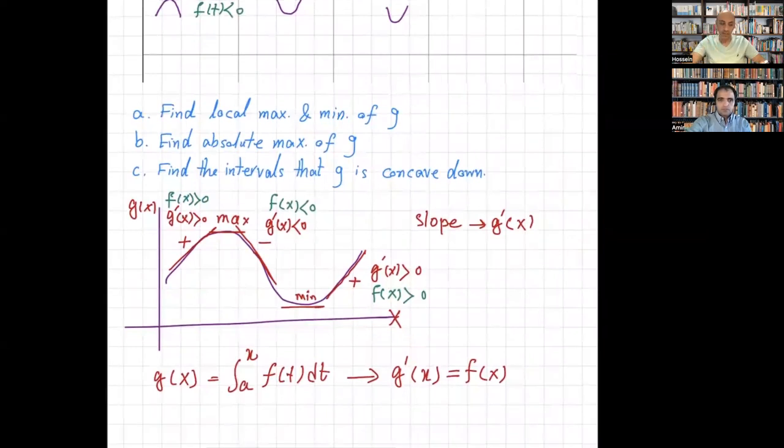From calculus, we know that a local max happens when the derivative changes from positive to negative, and a local min happens when the derivative changes from negative to positive. And from the fundamental theorem of calculus, we know that g prime of x is equal to f of x. This is what I wrote on the last line here.